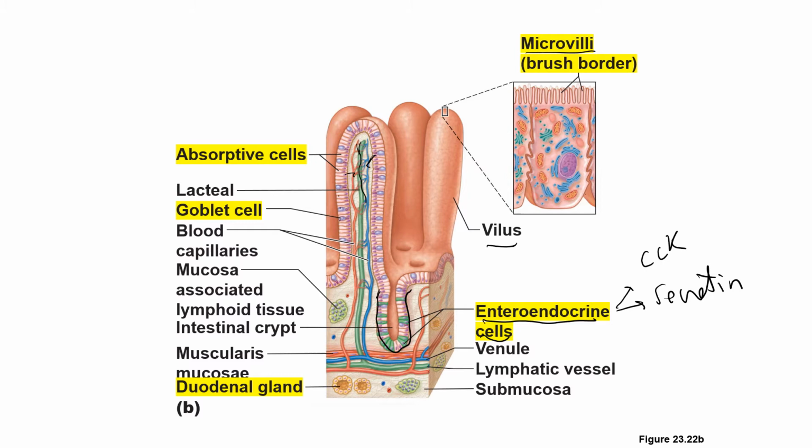Goblet cells, found among the simple columnar cells, will secrete mucus. In the submucosal portion of the small intestine, there will be duodenal glands, which will secrete buffers that will counteract the acidic pH of the chyme arriving from the stomach. And finally, the small intestine will be protected by lymphoid tissue that will contain numerous immune system cells.